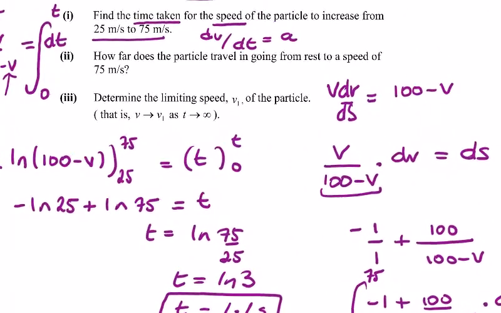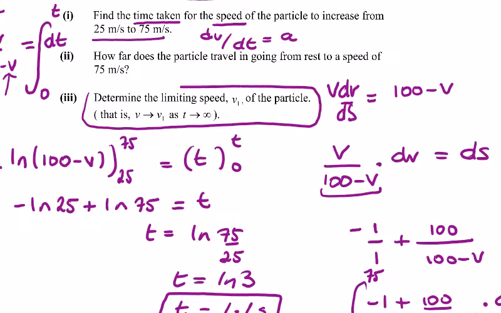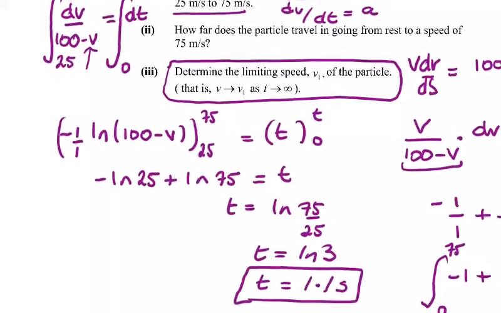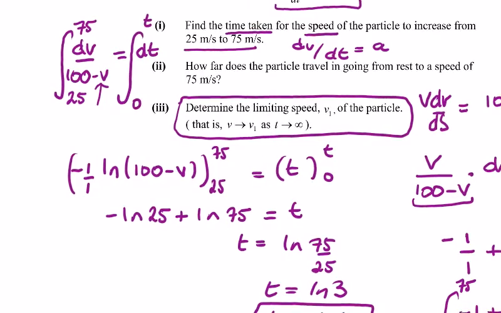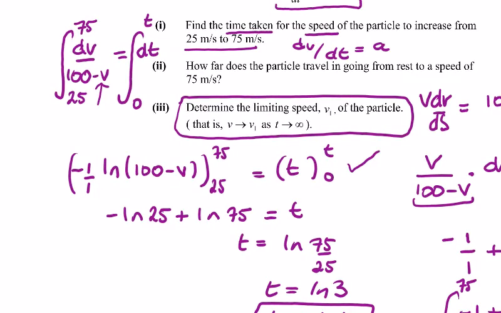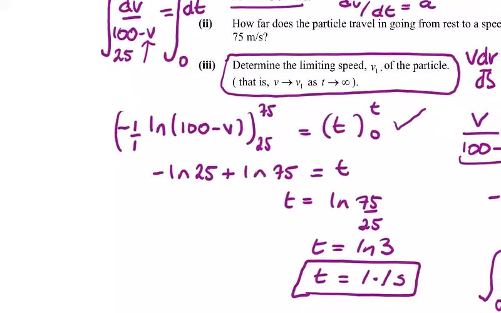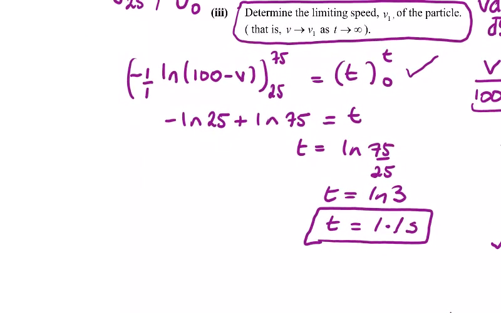What have we got in part 3? Determine the limiting speed. So time going to infinity. Let's have a look at this. So that brings us back to velocity and time, which we have here. So we take out the 75 and 25 and put in v.